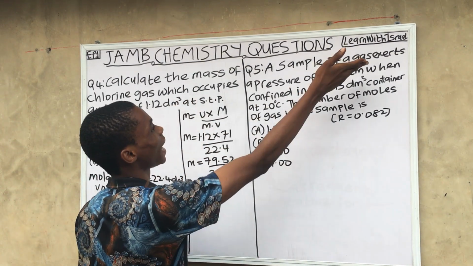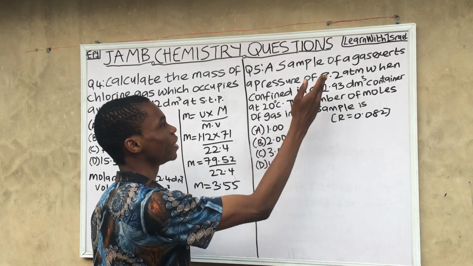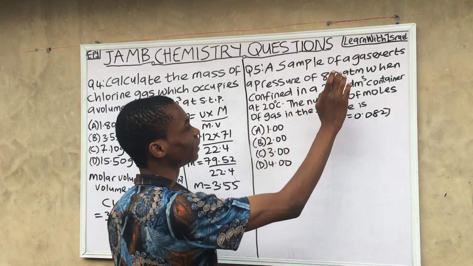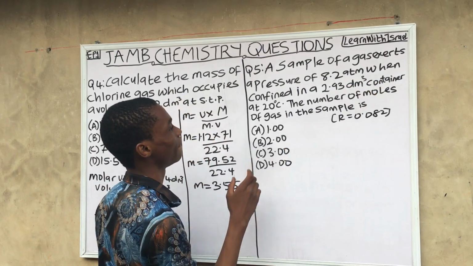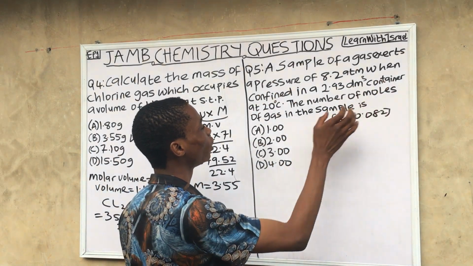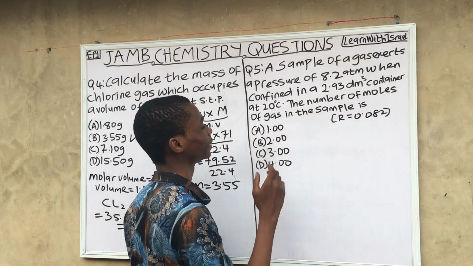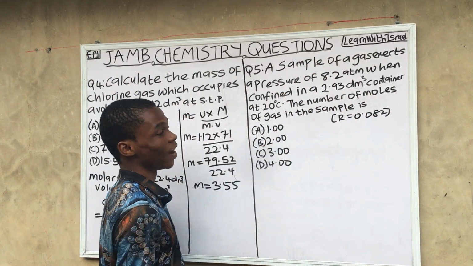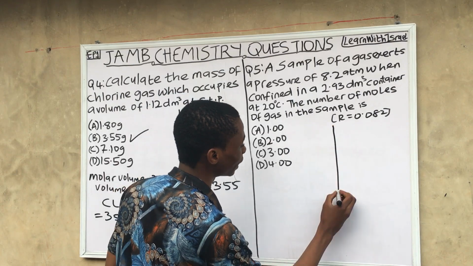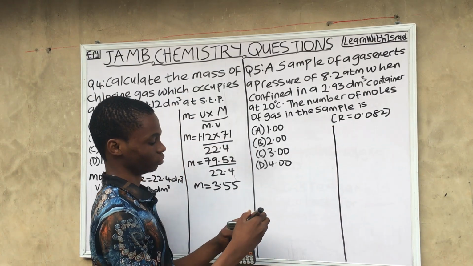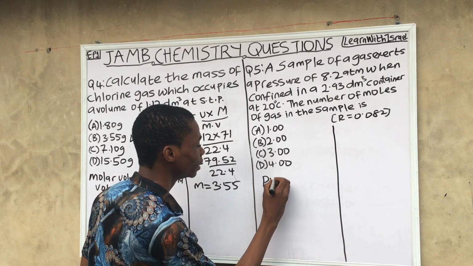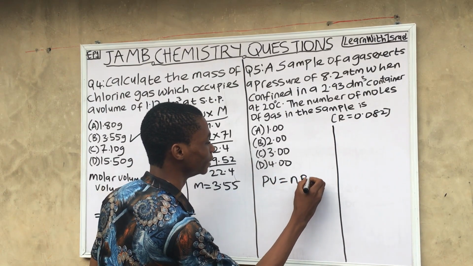A sample of a gas exerts a pressure of 8.2 atm when confined in a 2.93 dm³ container at 20 degrees Celsius. The number of moles of gas in the sample is. So before we can know our answer, we have to calculate. This is a general gas question, and the formula for the general gas question is PV equals nRT.